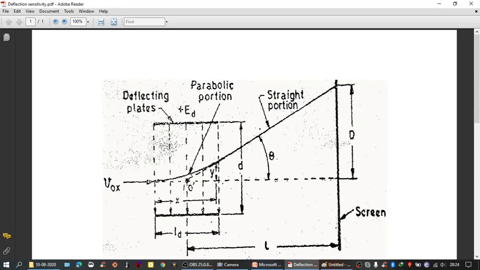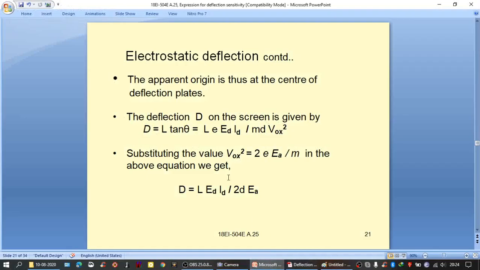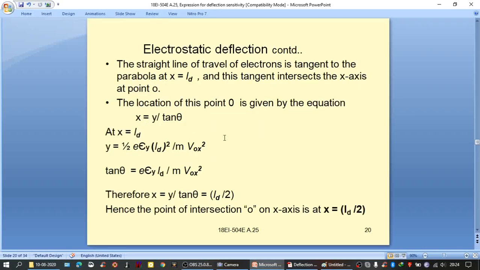What is that length? That length is L, capital L. So D by L is tan theta, or D, that is the amount of vertical deflection, is equal to L tan theta. Now replace the tan theta with its equation.